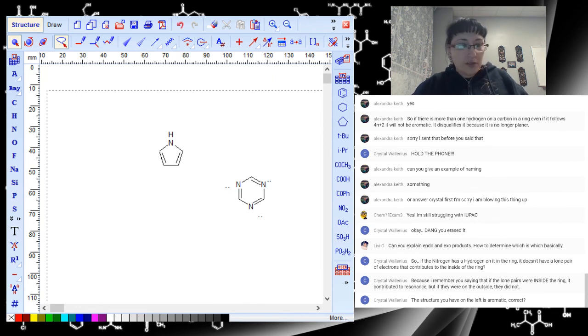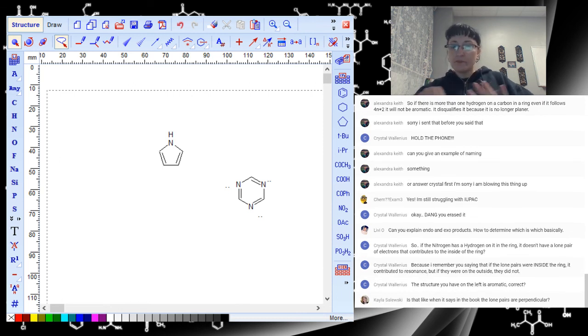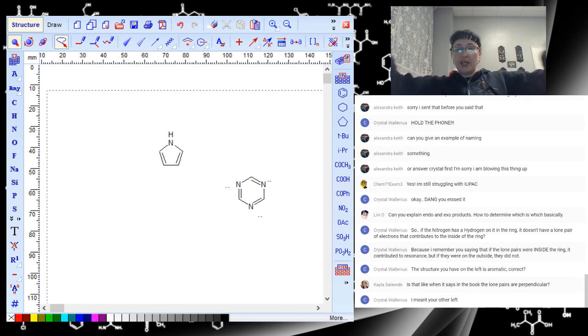On the left, the imidazole, yes, that is aromatic. I've been saying above the plane and in the plane.